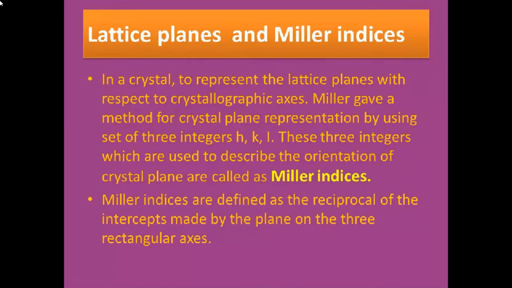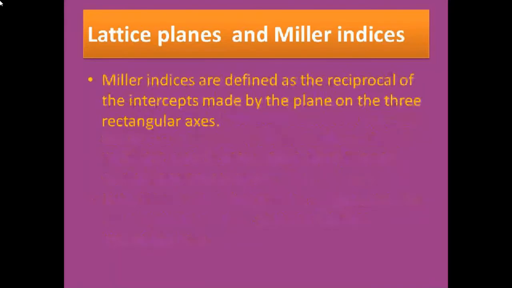You should practice this Miller indices thoroughly, because surely they are going to ask numericals based on this. Miller indices are defined as the reciprocal of the intercepts made by the plane on the three rectangular axes. The method for finding the Miller indices is: first you need to find the intercepts.